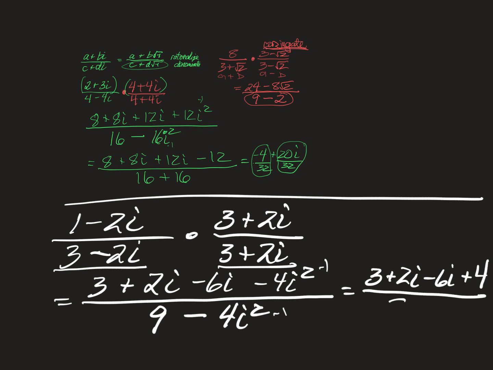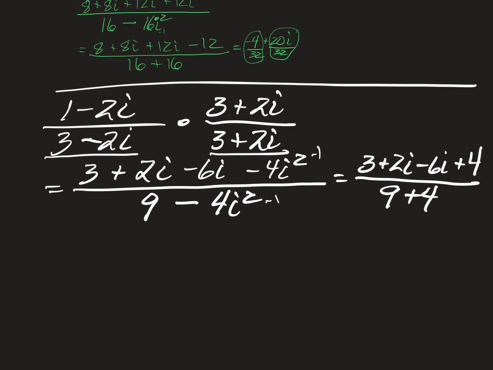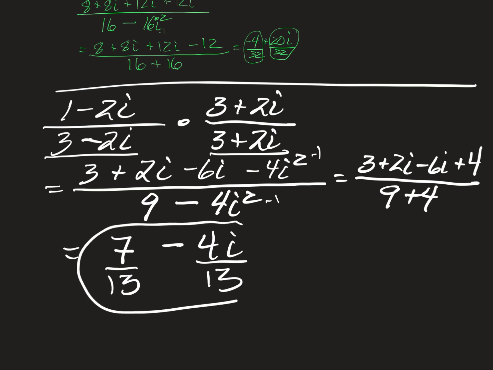And in the denominator, we'll get 9 plus 4. And now we can finish. 3 plus 4 is 7. Minus 4i, and the denominator is 13. So we get 7/13 minus 4/13 i. And so if you got that, then you did the division correctly.